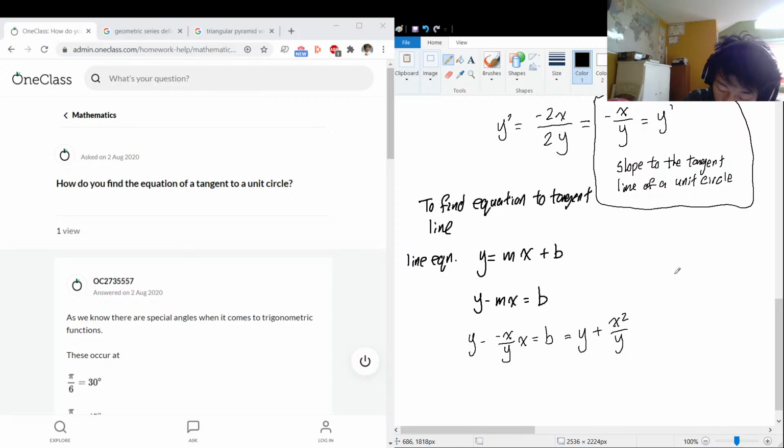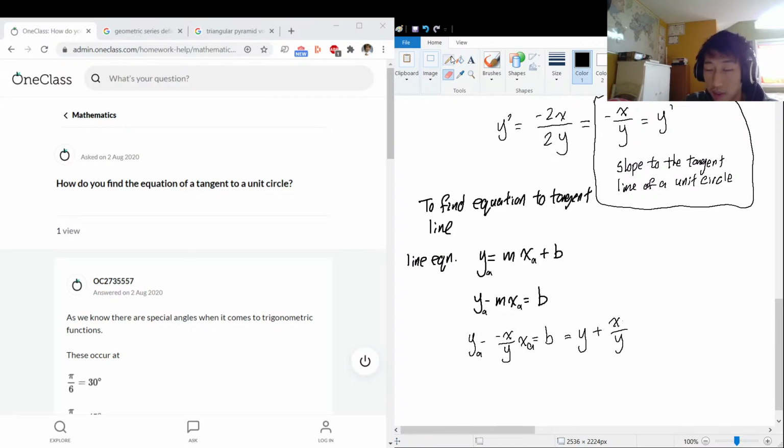We should write this like y of a, x of a, to specify that this is a specific tangent line. These are going to be a particular point. Actually, I should not have compressed those two. I'm going to erase that. Or I guess the x's are going to be the same.